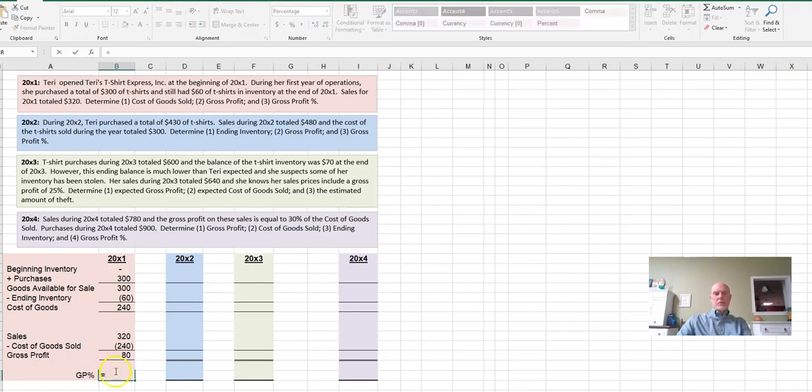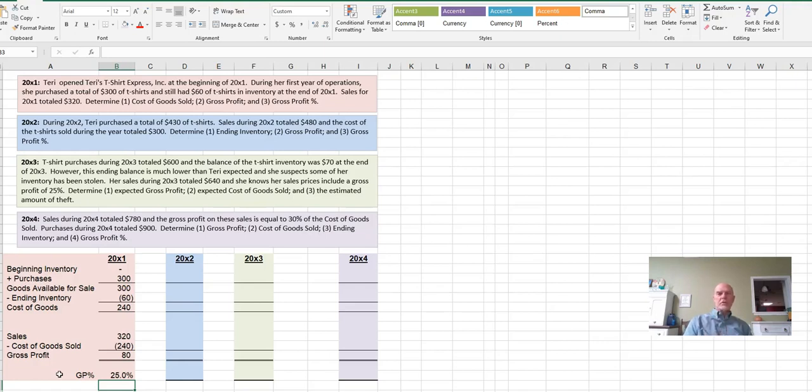It's going to be equal to 80 divided by the 320, and that would be 25%. Okay, now with that as an example, what you might do is stop the video and try year two.